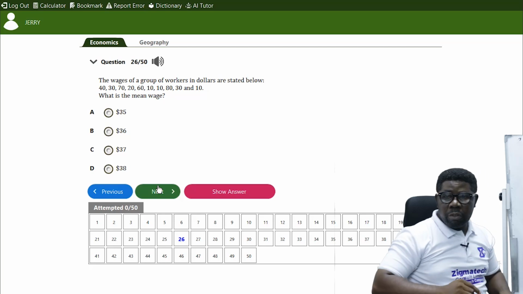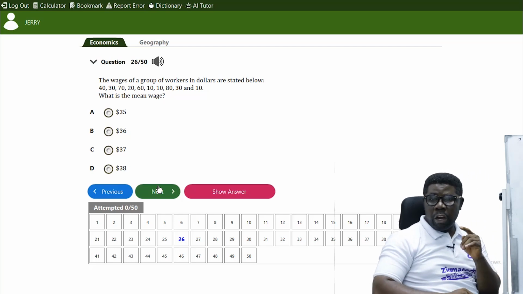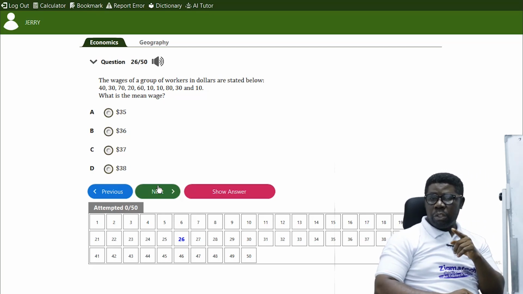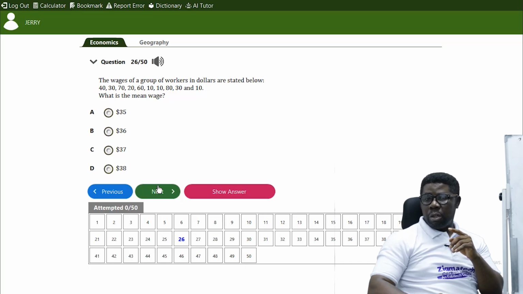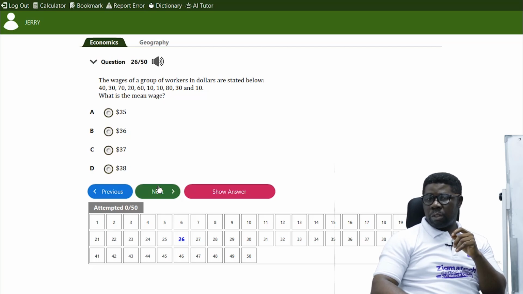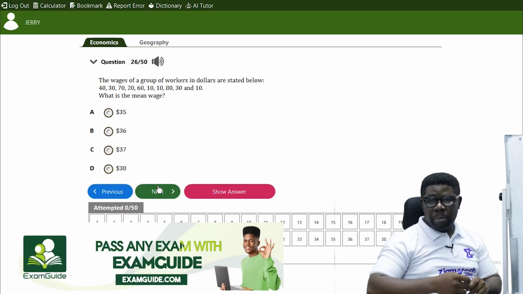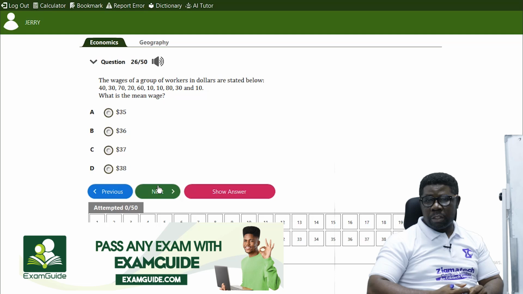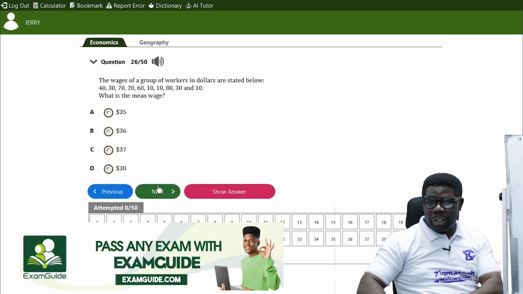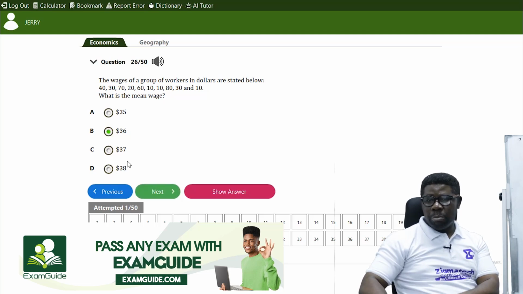Because this is on group data, you can just add it up. 40, 30, that's 30 plus 70 is 100, plus 40 is 140, plus 60 is 200, plus 20 is 220. Plus 10, 10, that's 240, plus another 10, 250, plus 30, 280, plus 80, 360. So you have 360 divided by 10, that will give you 36. So your answer is B.